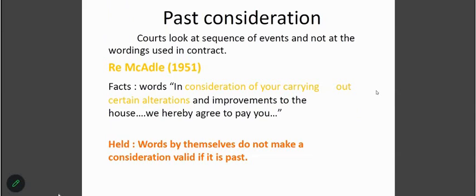For example, in construction, normally the owner will ask the professional engineer or QS, quantity surveyor, to survey the progress of the job, then inform the owner. The owner will pay the contractors according to the percentage of job completion. Work by itself does not make consideration valid. It is past.